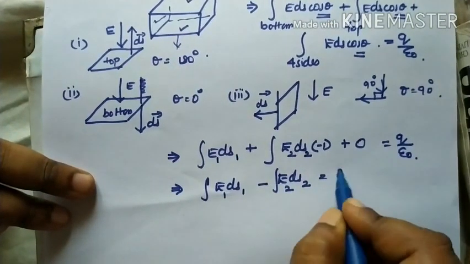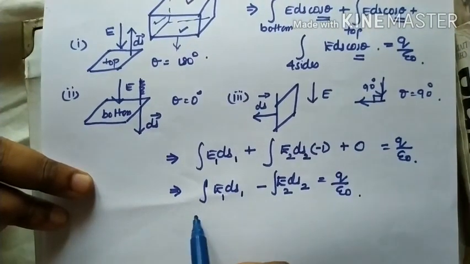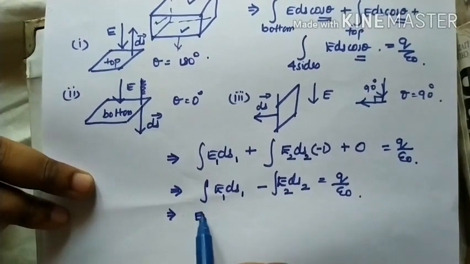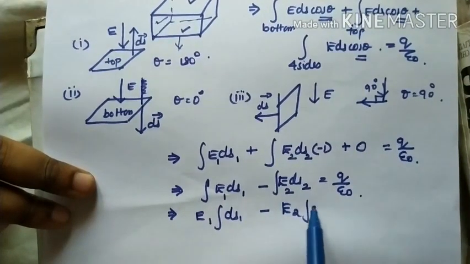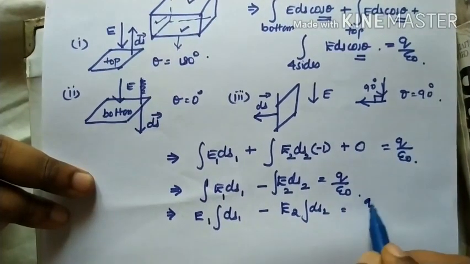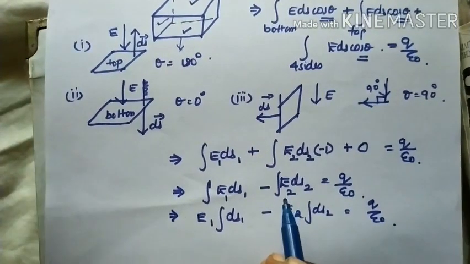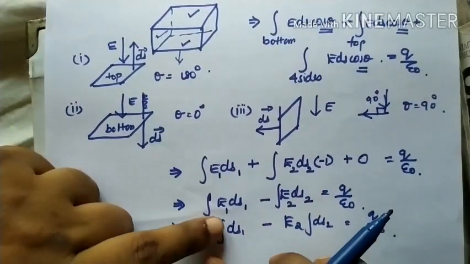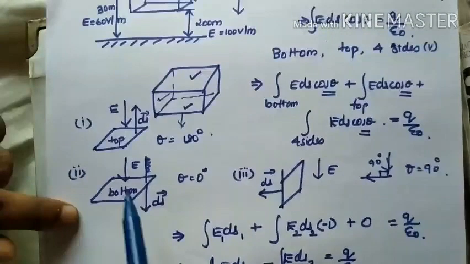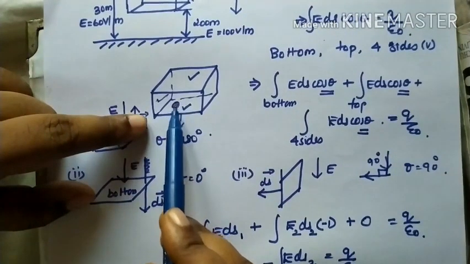That is equal to Q by epsilon naught. So what is E dS1? Let's take E1 as constant, integral dS1 minus E2 integral dS2 is equal to Q by epsilon naught. This much is clear? So what is the integral of dS? That means I am going to consider dS1. This surface is the bottom. That means on this surface I am going to consider a small area, that is dS.